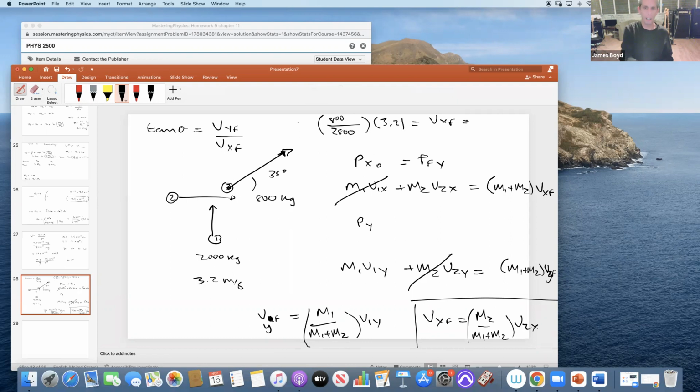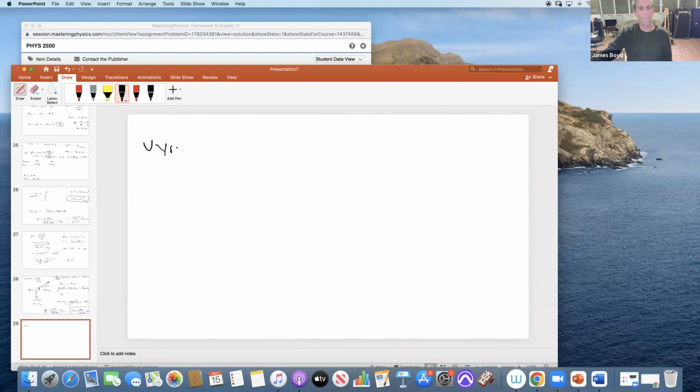And so that is 800 divided by 2800 times 3.2. So this is 0.914 meters per second. And so Vy final is Vx final tan theta.